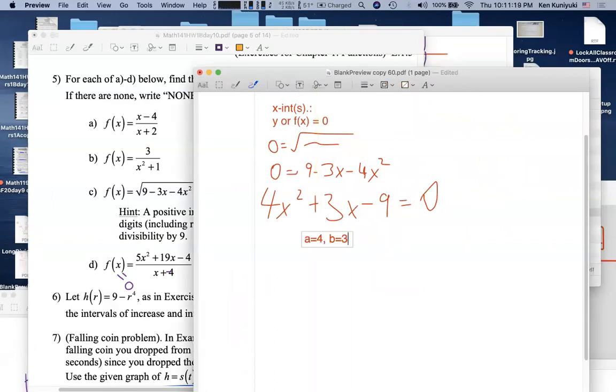A is 4, B is 3, C is -9. X equals the opposite of B, plus or minus the square root of B squared minus 4AC, all over 2A.